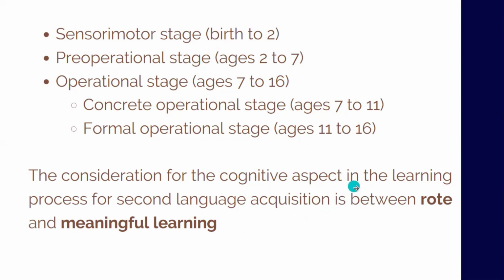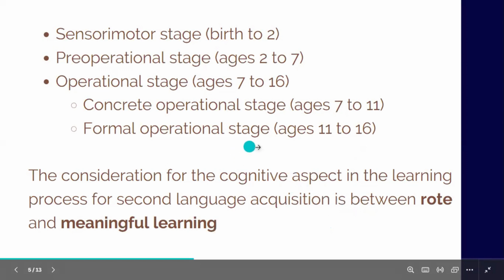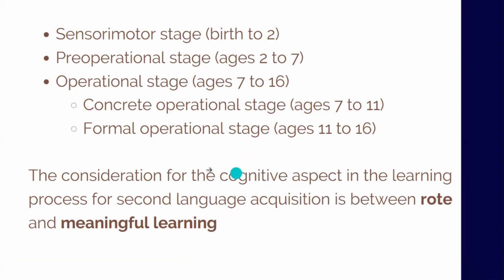The benefit of rote learning is for young learners, especially those between the ages of 7 to 11. Why? Because their cognition is not fully developed yet, so it will be beneficial for them to learn by rote first, to memorize a lot of things, because they cannot think abstractly yet.